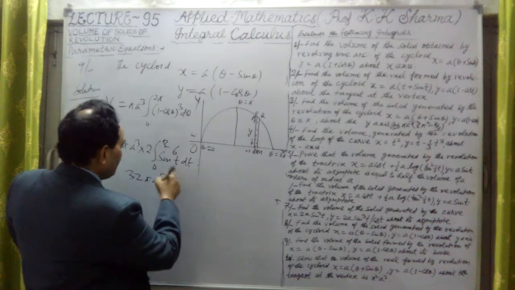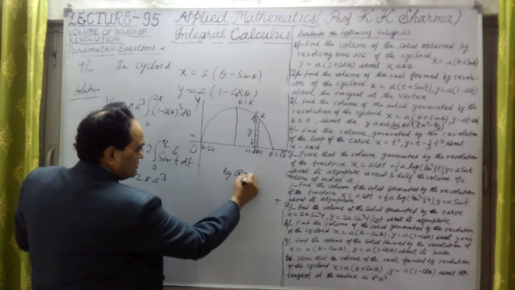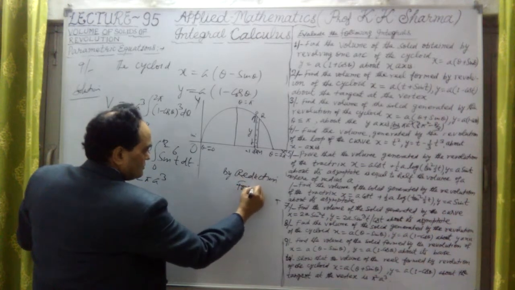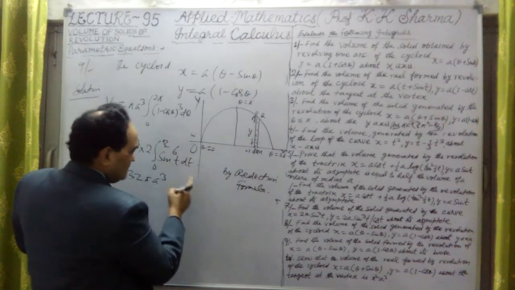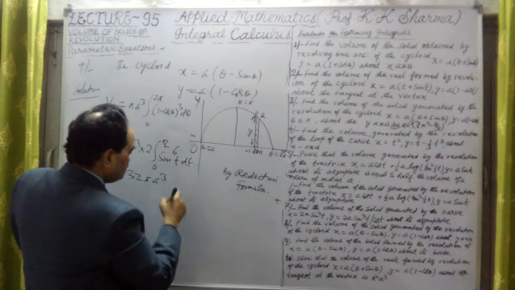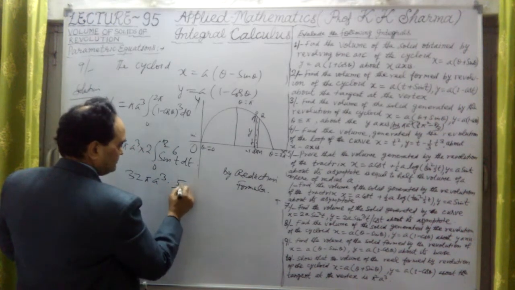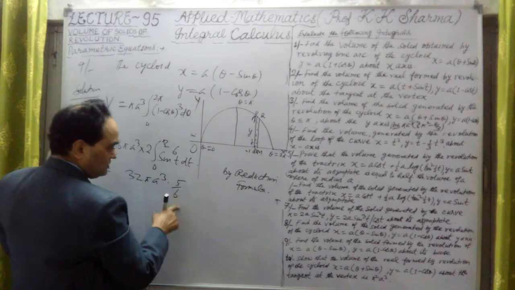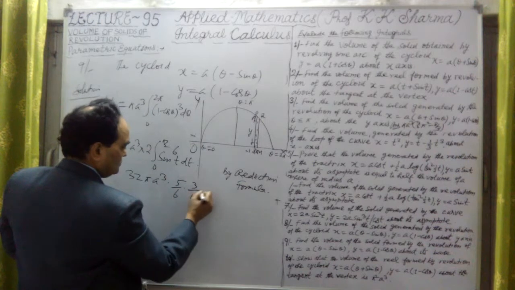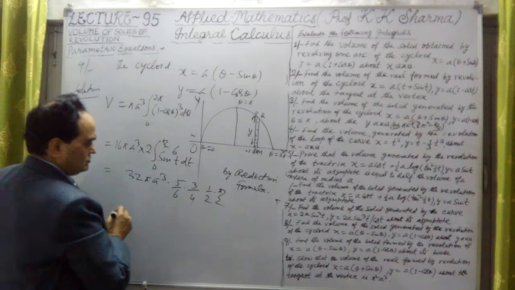What will sine 6, 0 to pi by 2 be, by the reduction formula? If it is n, then n minus 1 upon n, then n minus 3 upon n minus 2, in this way we will take it. So it will be 5 by 6, 3 by 4, 1 by 2, into pi by 2 is the value.